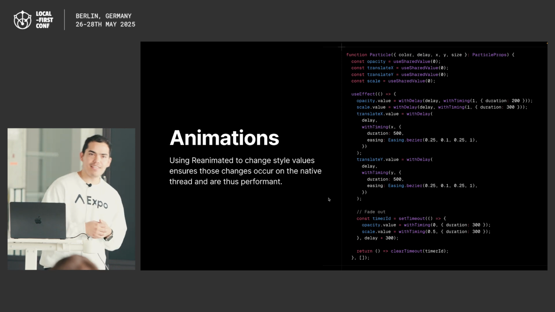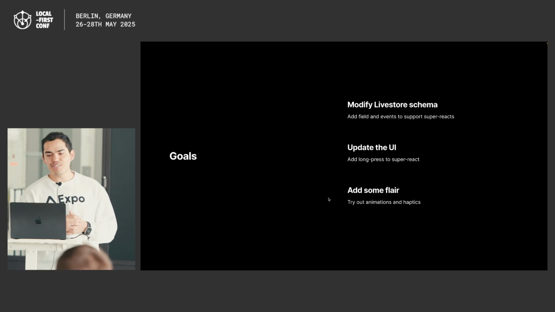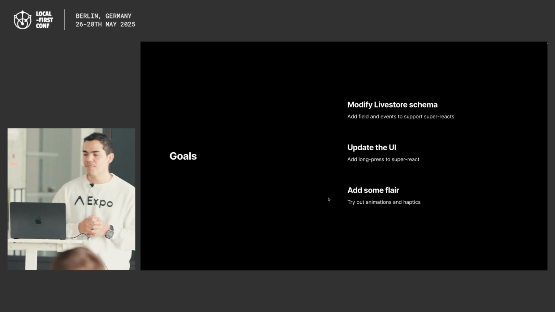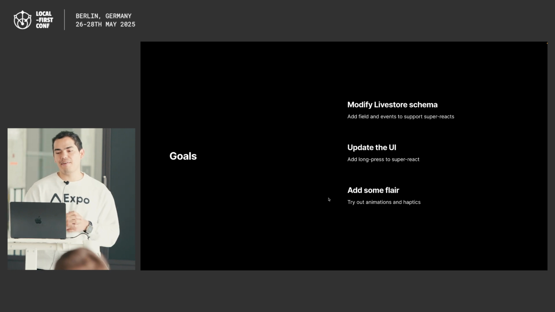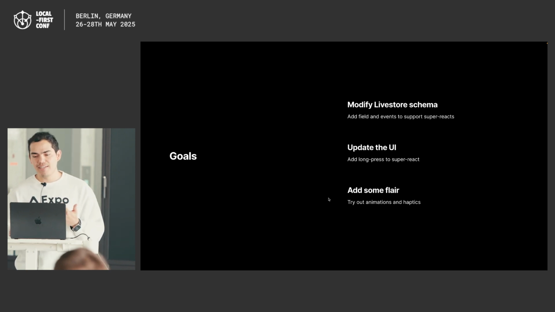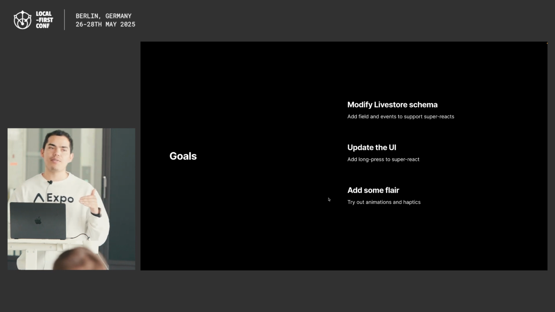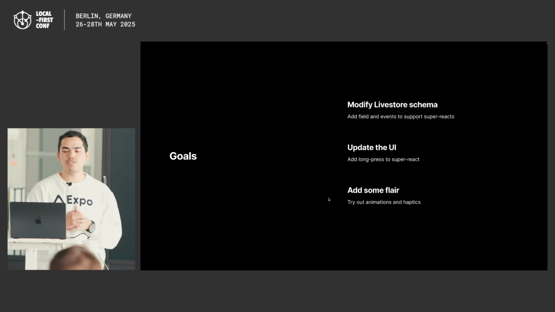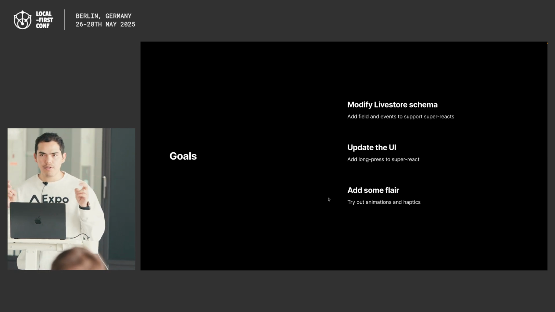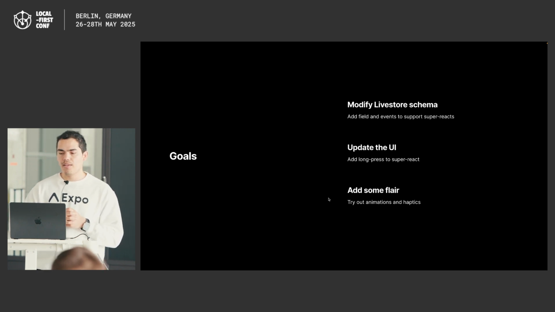So our goal for this new feature is just to modify the LiveStore schema by adding the super reaction. If you open the lessons folder under module 2, you're going to find more detailed instructions, but it's just adding the super option in the reaction.